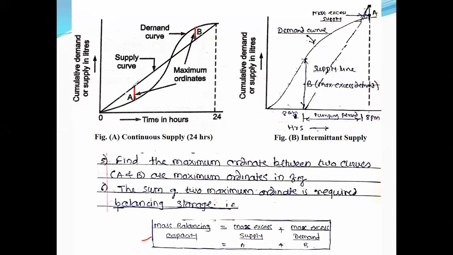Here this ordinate, ordinate means this vertical line, represents the maximum excess supply, and this line represents the maximum excess demand. When we add these two ordinates, we get the mass balancing capacity or balancing storage of the distribution reservoir. We studied this point previously, so here I have repeated this once again.